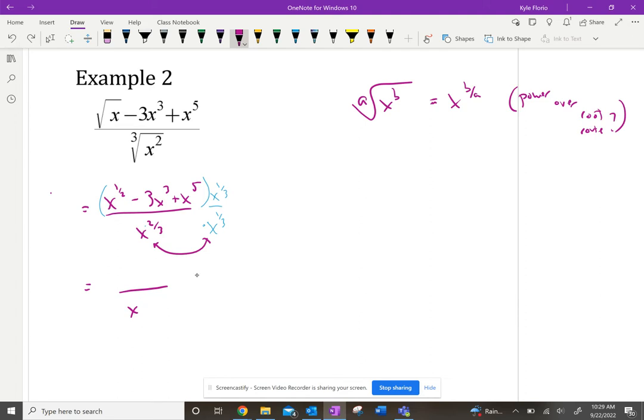And then when you multiply it on top, you have to do a half plus a third. So that's going to be x to the, what's that become? That's 1/2 plus 1/3, which is 3/6 plus 2/6, which is 5/6.